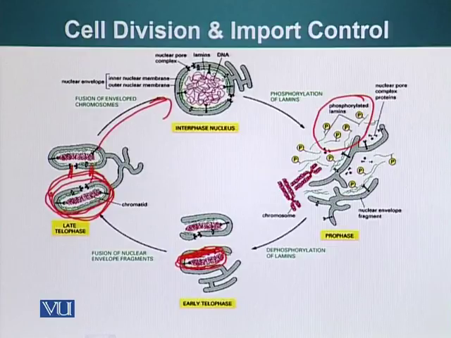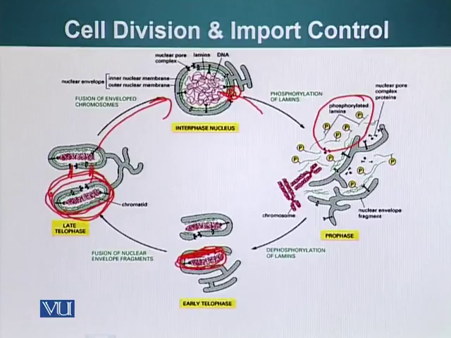The normal nucleus has nuclear pores, as we know, and now once the nucleus has been formed, only those proteins that are required by the nucleus will be allowed to enter, and proteins which are not required by the nucleus won't be allowed to enter.